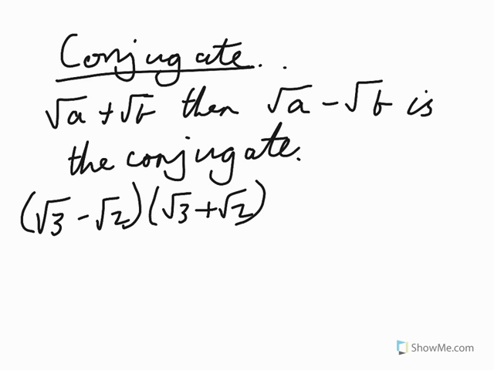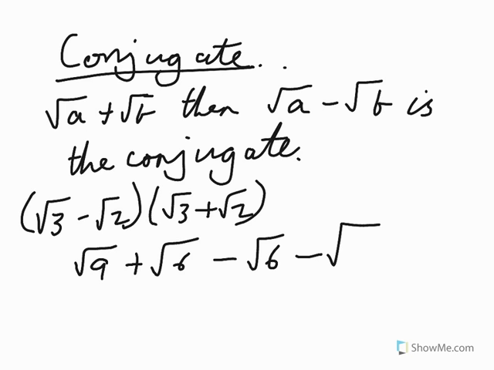Interesting thing happens. So you get root 3 times root 3, which is root 9. You get root 3 times plus root 2, which is plus root 6. Then you have minus root 2 times root 3, which is minus root 6. And then you have minus 2 times 2 is 4, square root 4.